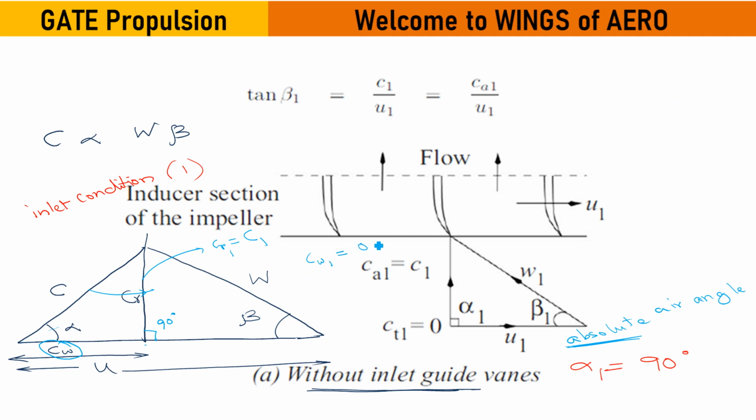Or in some books, as in this book it is mentioned, CT1 is also going to be 0. Fine. If it is 0, now we will get a right angle triangle formation, where we have beta, and this is alpha.